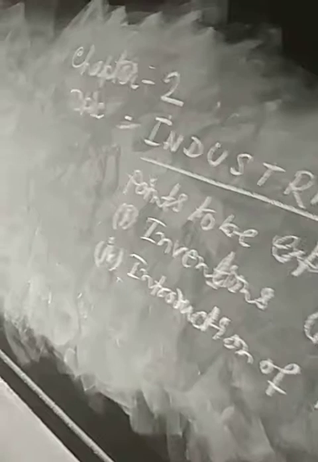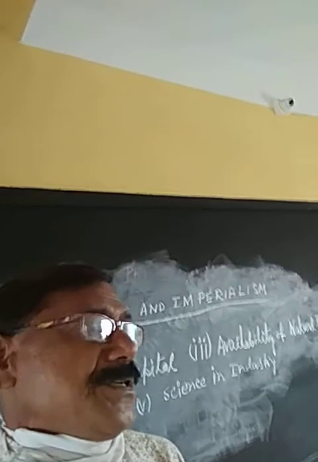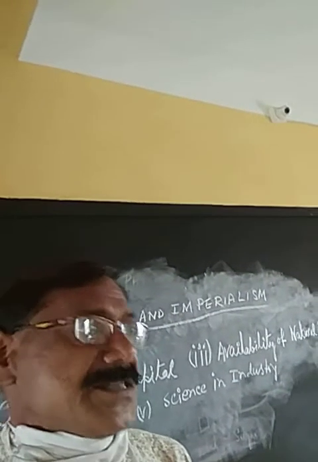Now, the topic I am going to discuss: Industrial Revolution and imperialism. First point, inventions. What are inventions? During the industrial era, a number of machines were invented by a number of scientists.